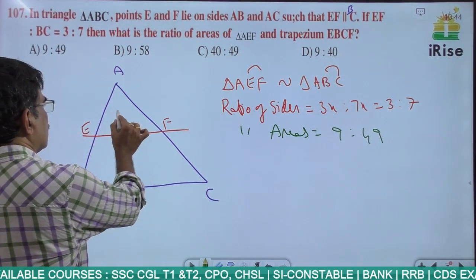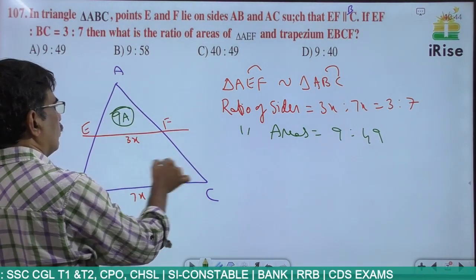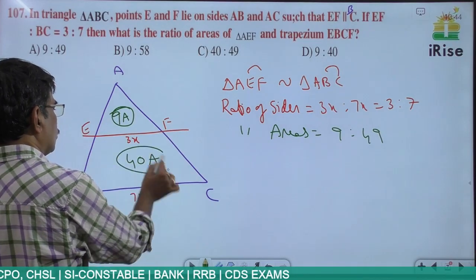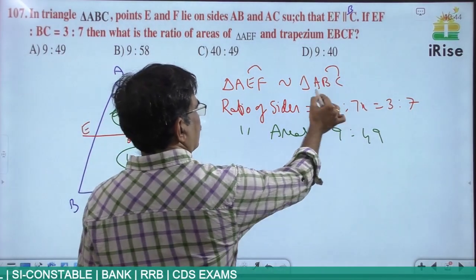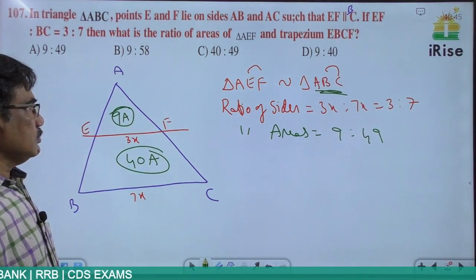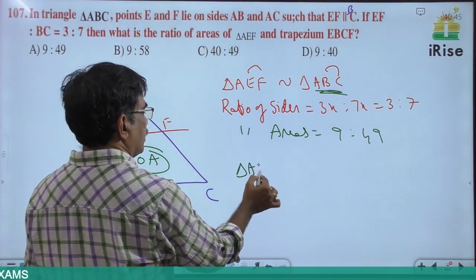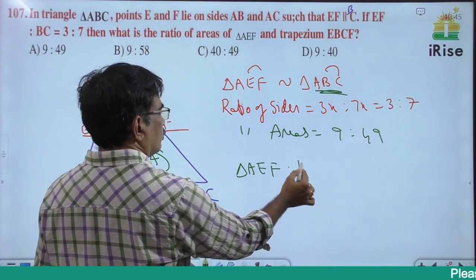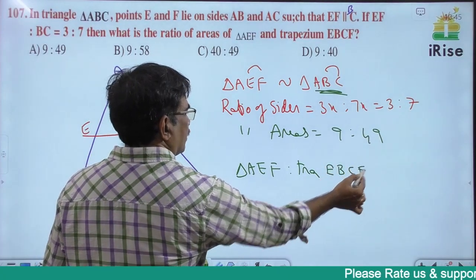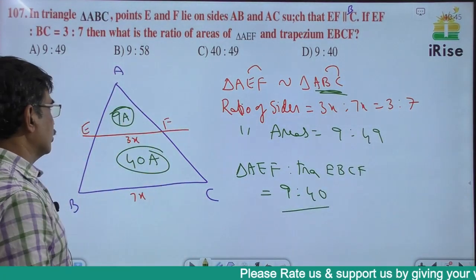If the area of this is 9 parts, 9A for example, the big total one is nothing but 49 parts, therefore this is 40A, total is 49, ABC area is 49. Then what about the ratio of areas of triangle AEF is to trapezium EBCF? The answer is nothing but 9 is to 40. Total is 49.